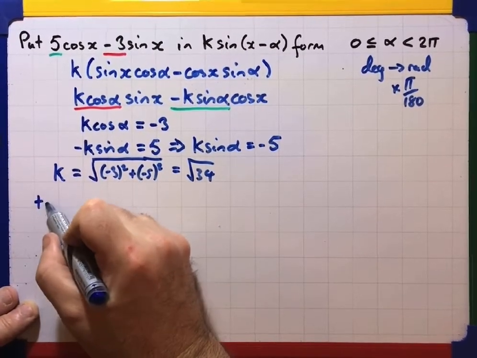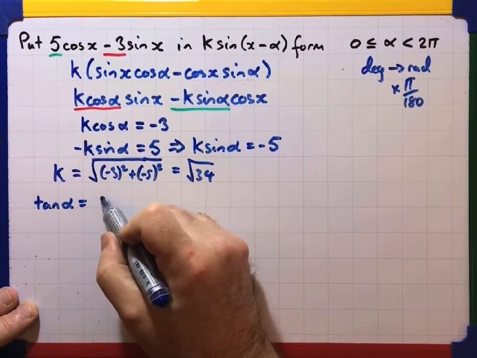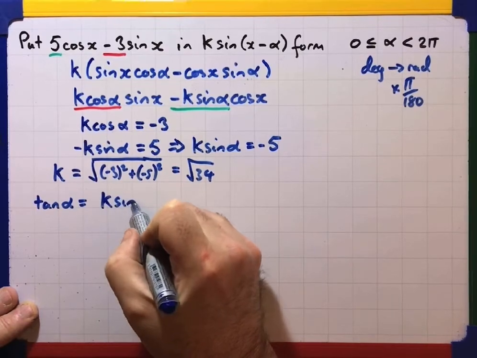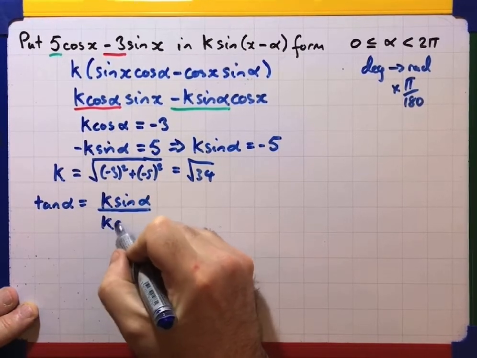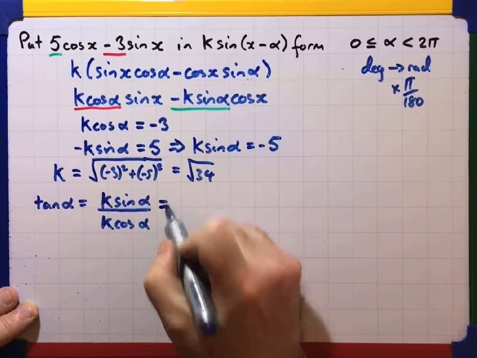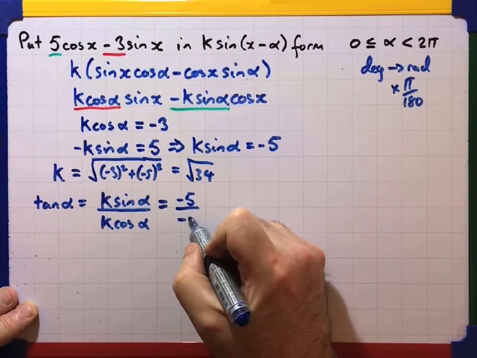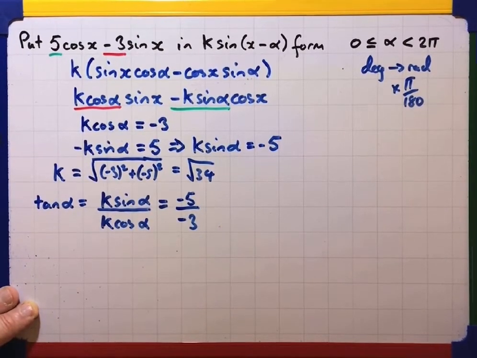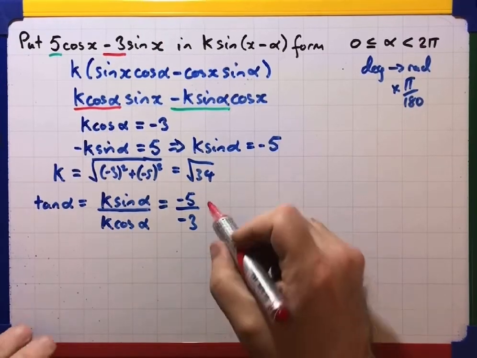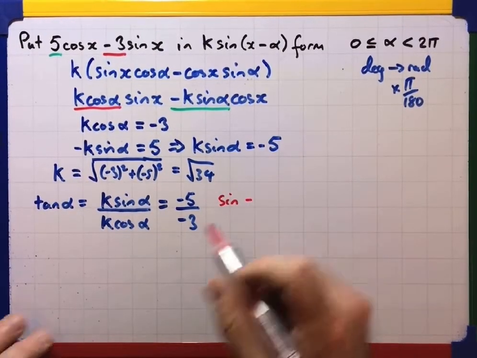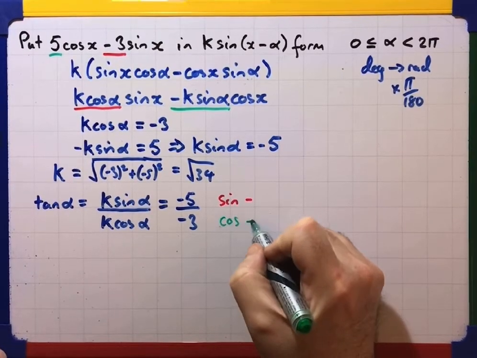Remember, again, tan alpha is going to be k sine alpha over k cos alpha, which is minus 5 over minus 3. Okay, now we know from this sine is negative and cosine is also negative.